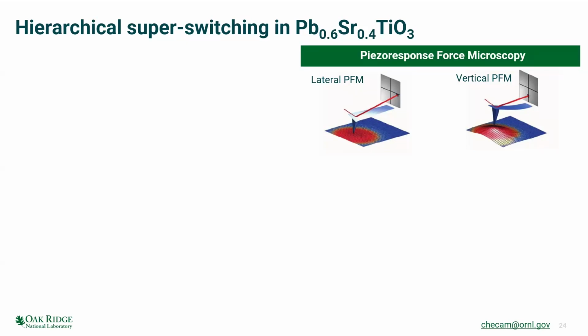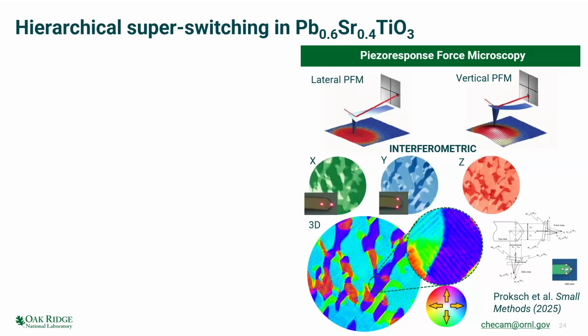It is a technique that tends to be very artifacty because the tip oscillates not only because there is a deformation locally, but because of a million other things. You can have electrochemistry, you can have just capacitive coupling from the cantilever, etc. So it's not the solution to everything, but recently we purchased this interferometric PFM, which basically uses, instead of an optical beam deflection to track the movement of the cantilever, an interferometer, right?